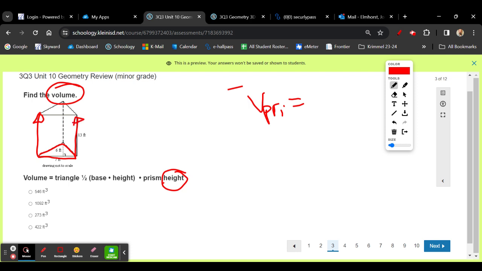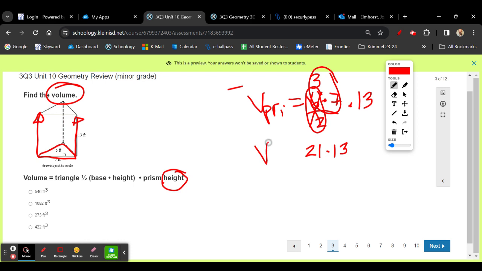So the base area is going to be 6 times 7, and it's a triangle. Divided by 2 times 13. So we could divide by 2 up front. So 6 divided by 2 is 3. And then we got 3 times 7 is 21 times 13 to get the total volume.